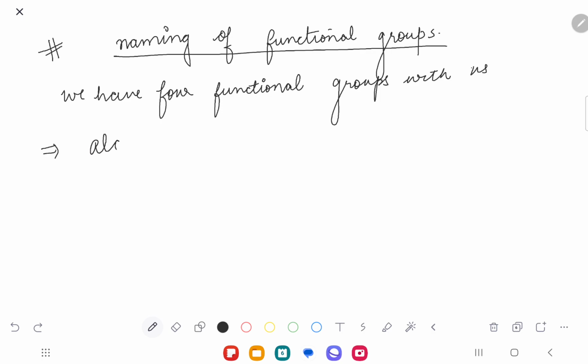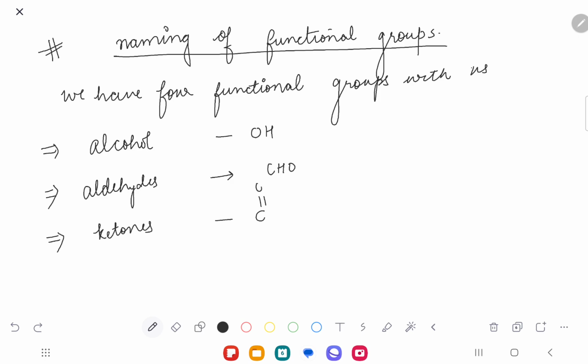Primarily, we have alcohol, so you get to see the function OH. You have aldehydes, so you get to see CHO. You have the ketones, so you get to see the C double bond O group and R dash. And last, you get to see the carboxylic acid.